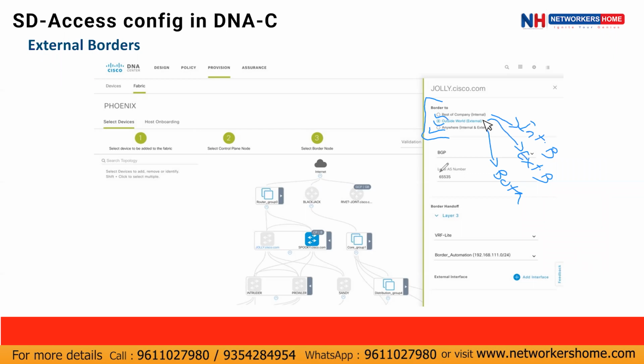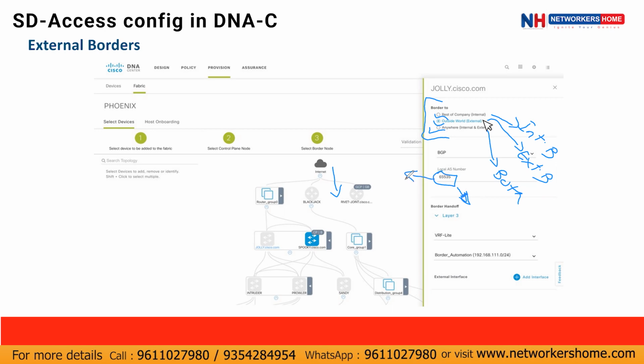And we specify the AS number for our inside network, like the fabric part, and we have to do the traditional border configuration where we specify the remote AS.